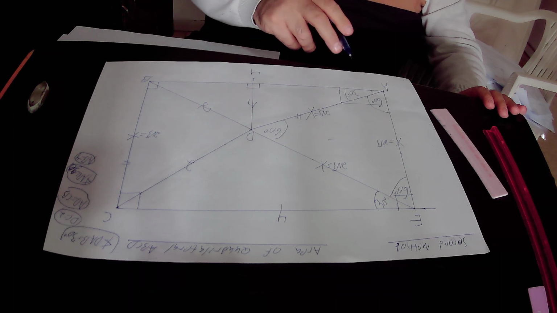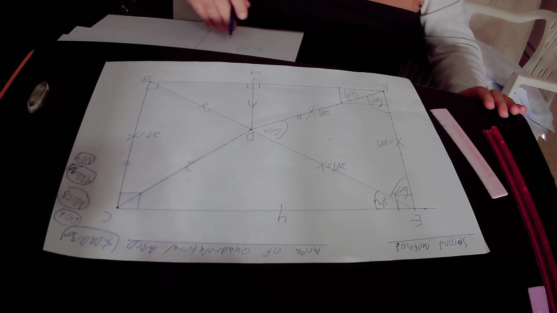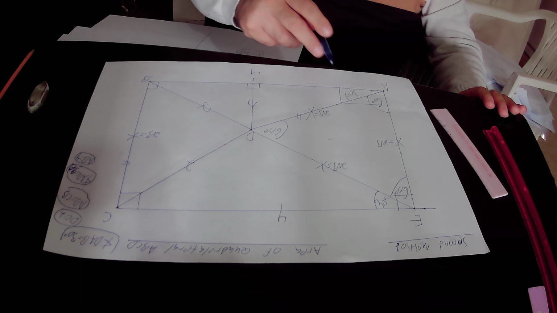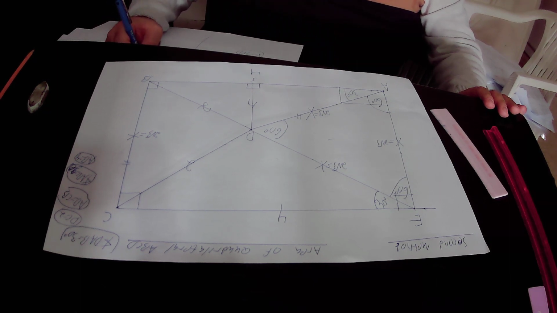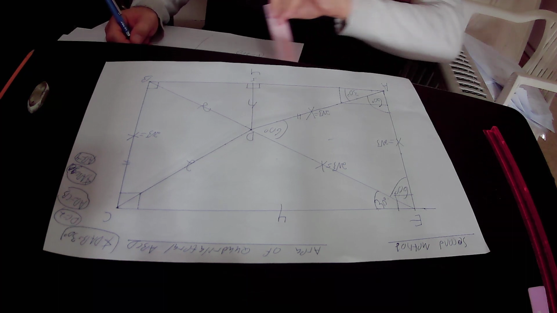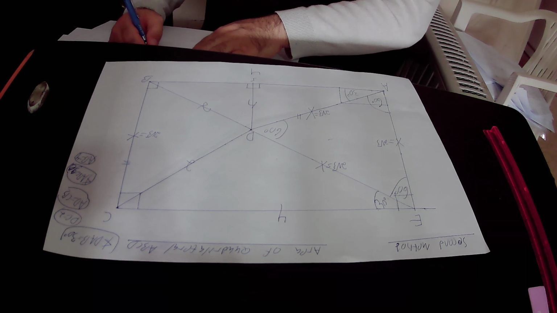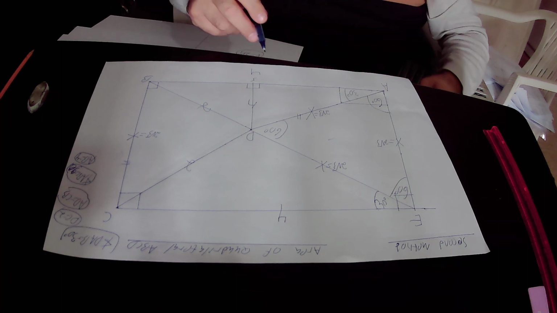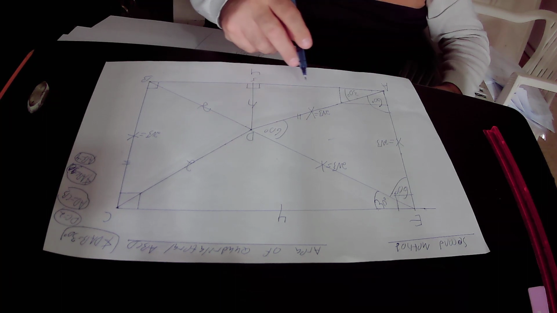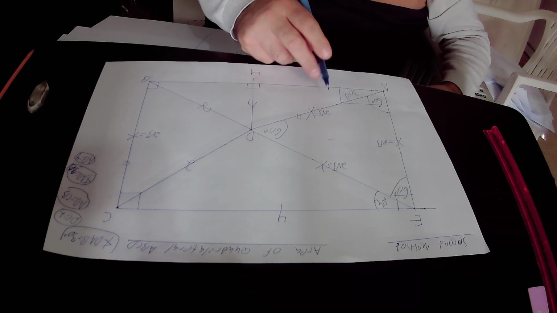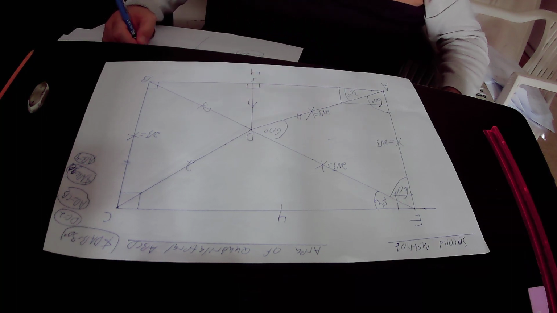In the right triangle ADS, we will get that sine 30 degrees equals h over x, that is 2 times square root of 3 units.